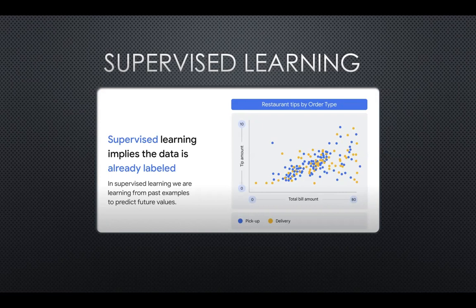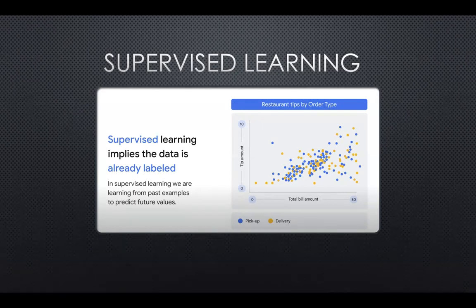So, for example, here is some data. This is all taken from Google's course on unsupervised learning. There's some data on restaurant tips. On the x-axis is total bill amount, and on the y-axis is the amount of tips.